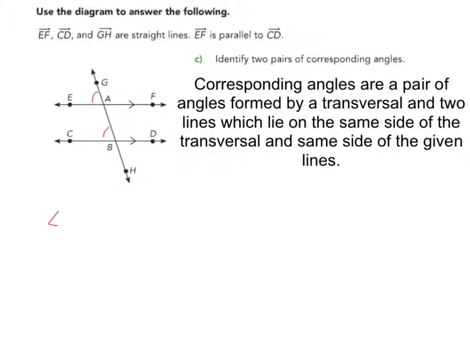So angle GAE and angle GBC are corresponding angles. We also have, for example, GAF and angle GBD.